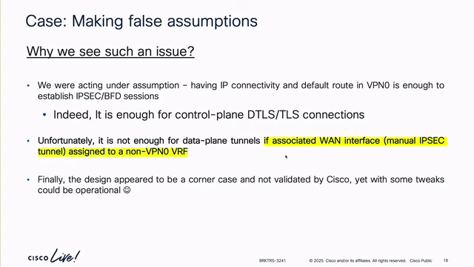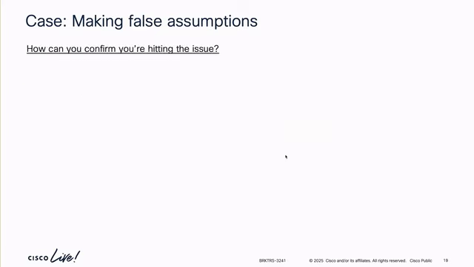Whenever we initiate an IPsec tunnel and BFD session on top of it, we need to source that session from an interface in VPN 0. Period. No way you can do it differently. And the customer was playing with a dedicated VRF, which prevented that. At the end of this, we will see what debug messages you can check to confirm that behavior.